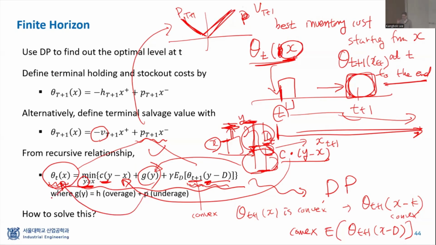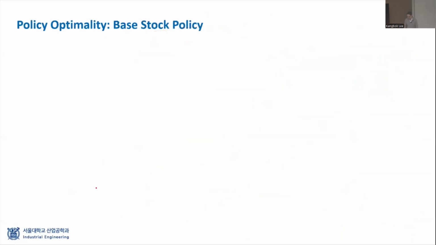But we have to be a little bit careful, because we are not just extending this theta into this. We actually have this minimum function here. So let's say that this is my theta t plus 1 of x.